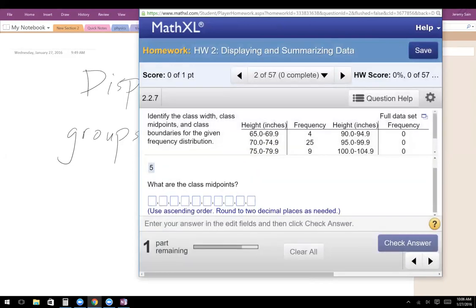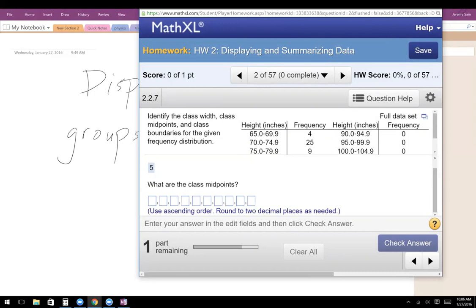Class midpoints are exactly what they sound like: what is in the very center of the class. If one starts at 65 and the next starts at 70, they actually want me to use 69.9.